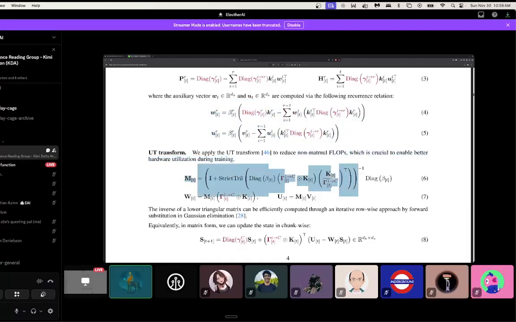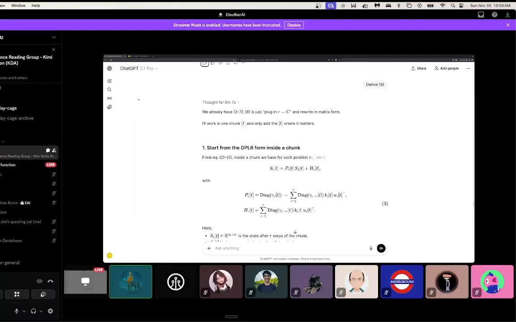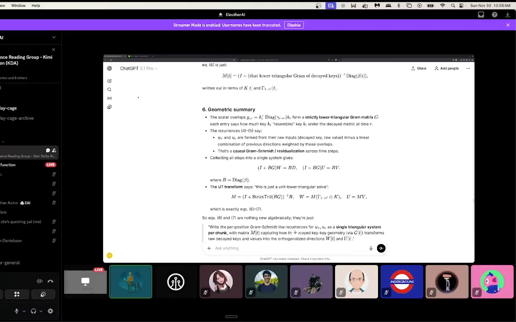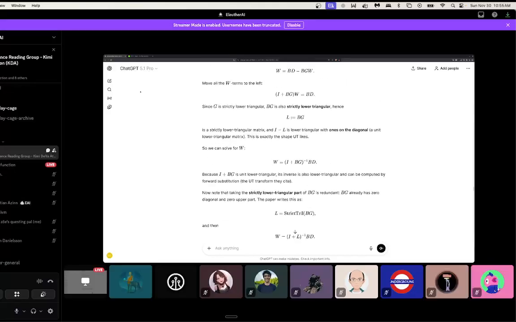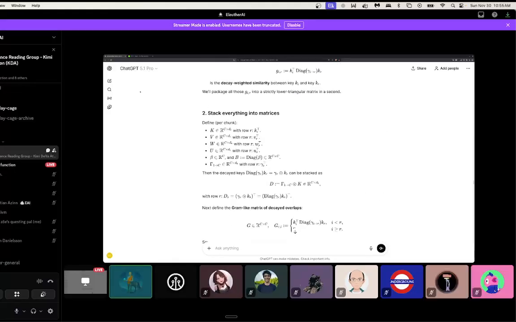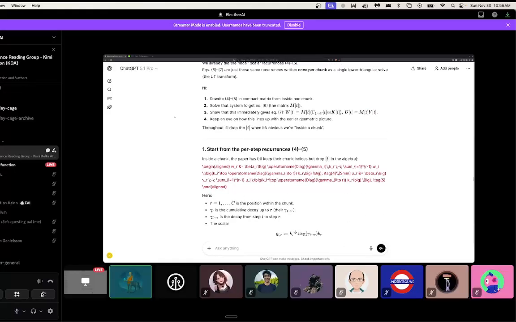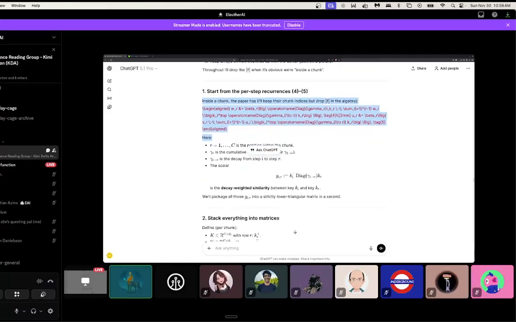Okay, so keep this equation in mind. Wait, where did it go? Here we go. Anyway, this equation is this big red blob here, which it failed to convert to readable human text.